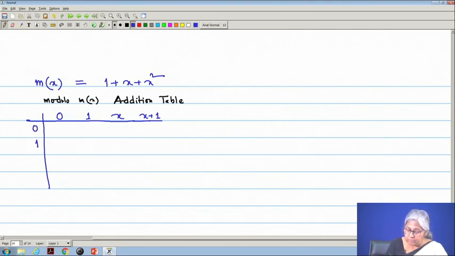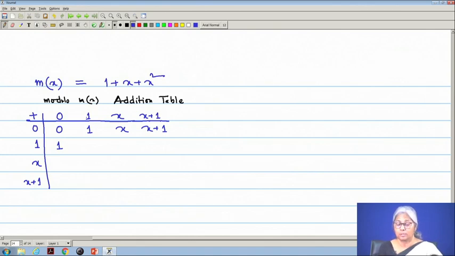I am doing modulo addition. So, 0 plus 0 is 0, 0 plus 1 is 1, x, x plus 1, simple polynomial addition. 1 plus 0 is 1. Now, 1 plus 1 is 2, and this becomes 0 because it is modulo 2 addition.